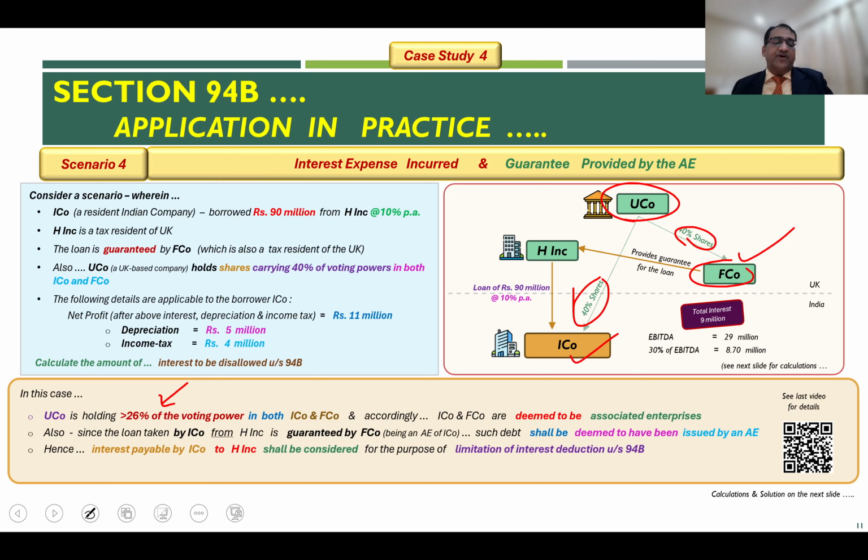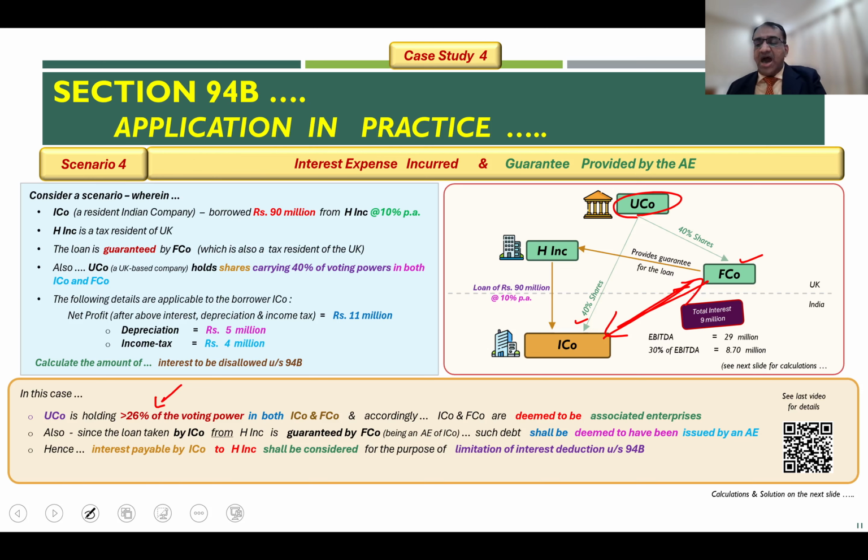Therefore, under the Indian transfer pricing rules, these two entities will be deemed to be associated enterprises, because the threshold of 26% applies for regarding entities as associated enterprises. So entities within the same group, under the same control, holding more than 26% voting rights, are deemed AEs. Because UCO is a shareholder in both ICO and FCO above the 26% threshold, FCO and ICO are also deemed to be associated enterprises.